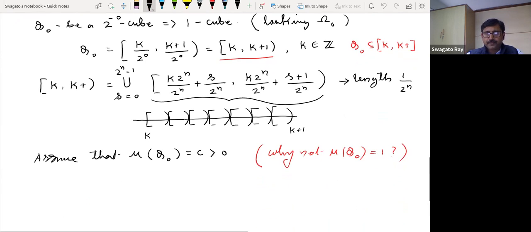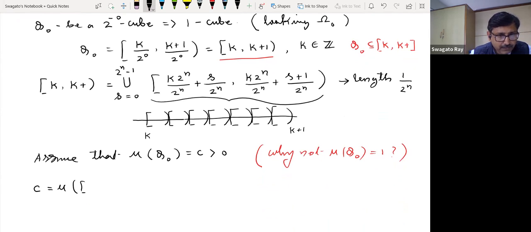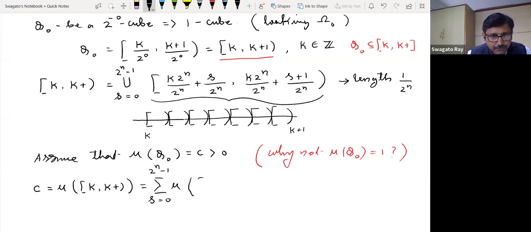Okay. But it is given to me that mu is a measure. So what I can write is that C, that is the measure of K to K plus 1, because that is what Q0 is. And since it's a measure, it is countably additive. So that means this is equal to the summation over S from 0 to 2 to the power n minus 1 of the measure of this ugly looking interval.